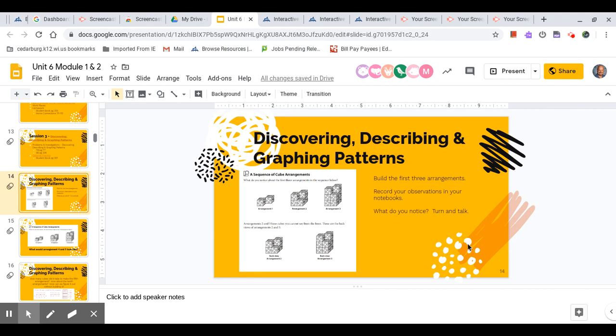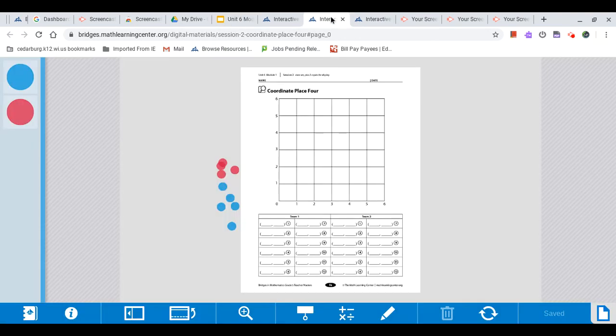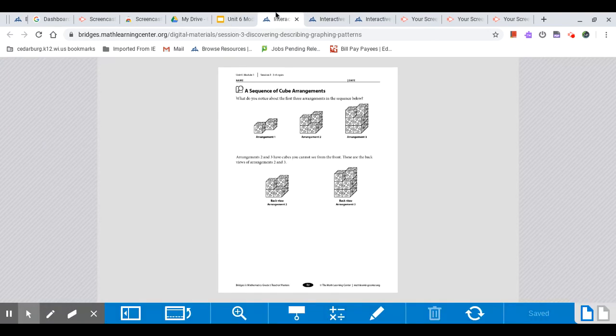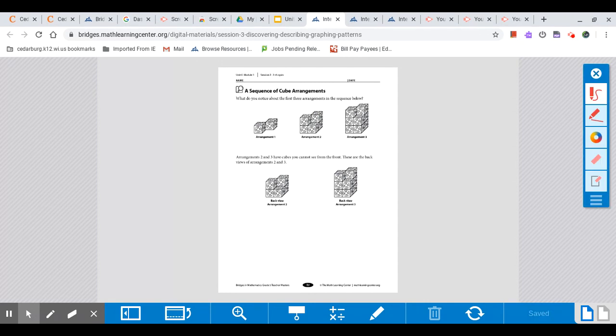All right, so what I want you to do is I want you to think about these first three arrangements. And if you can't see those so well, I'll bring them up here on our computer. There are three sequences here. You can see that we have arrangement 1, arrangement 2, and arrangement 3.